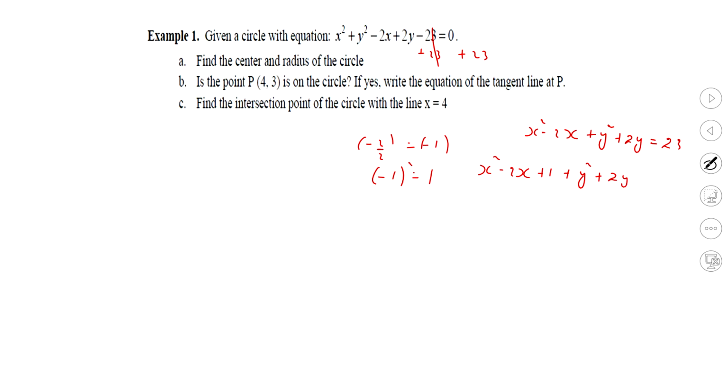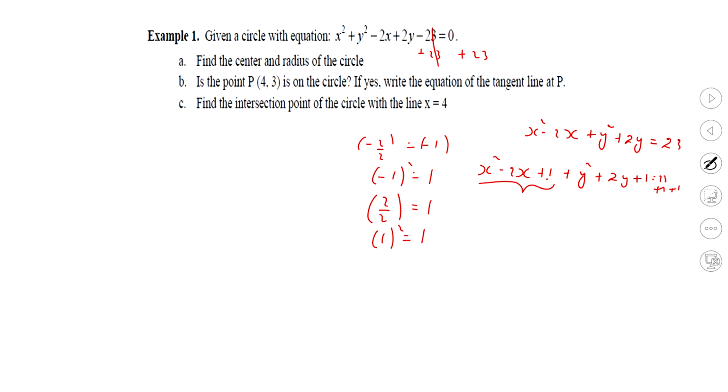Again, let's divide 2 by 2, which is positive 1. Then square it, 1 squared, which is 1. Then let me add 1 here, equals 23. Since I added 1 here, I also added 1 on the other side. So I add plus 1, plus 1. Then the whole equation becomes this one.